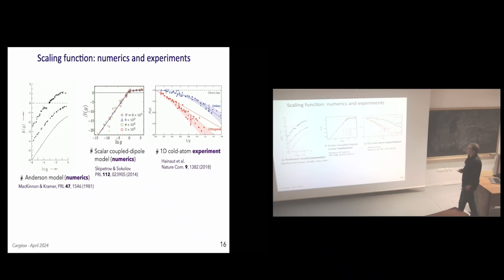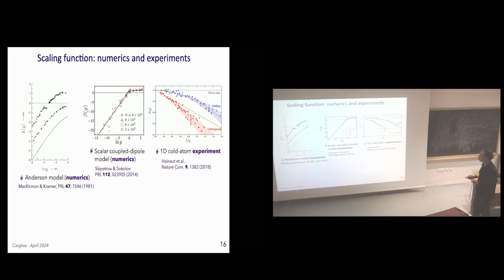A few words about practical tests of the scaling theory. The beta function has been computed numerically in plenty of systems, and people have verified that single parameter scaling works, which means you compute the beta function, you change your parameter, and you make sure that all the points fall on a single line.